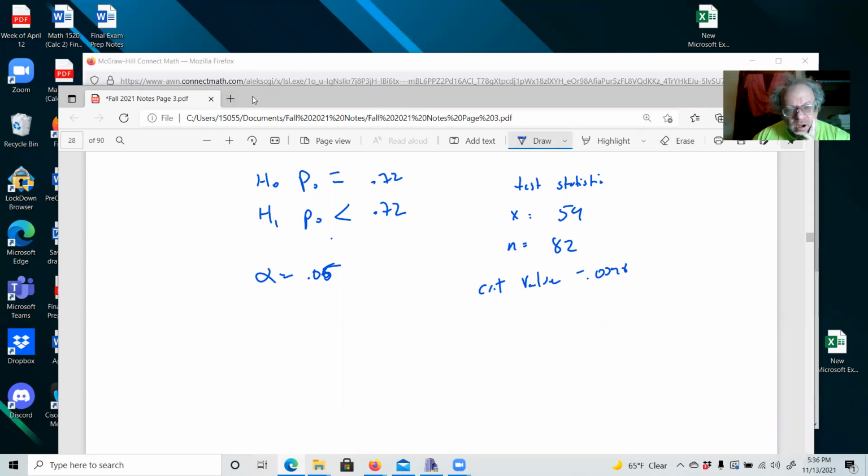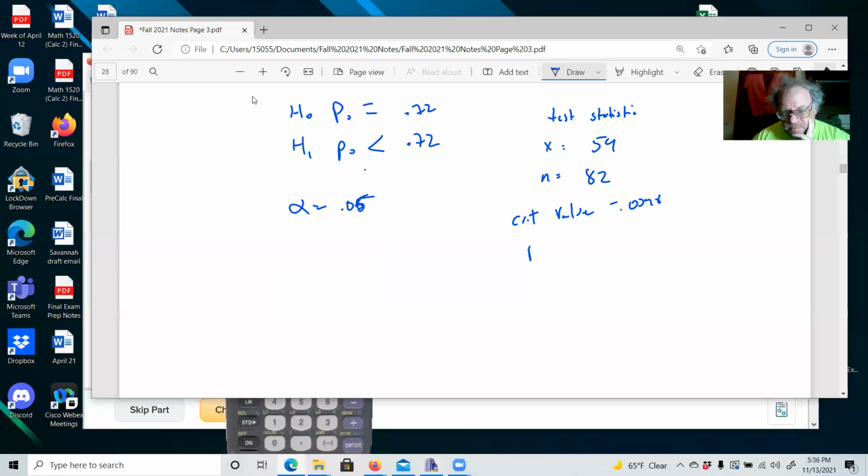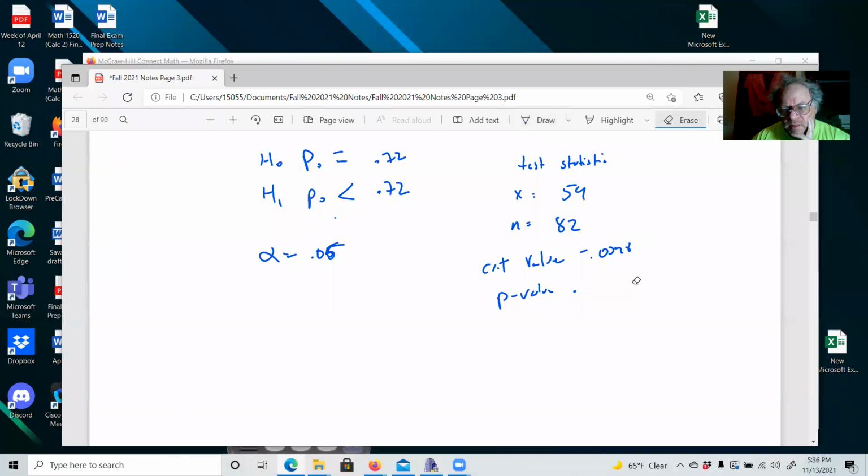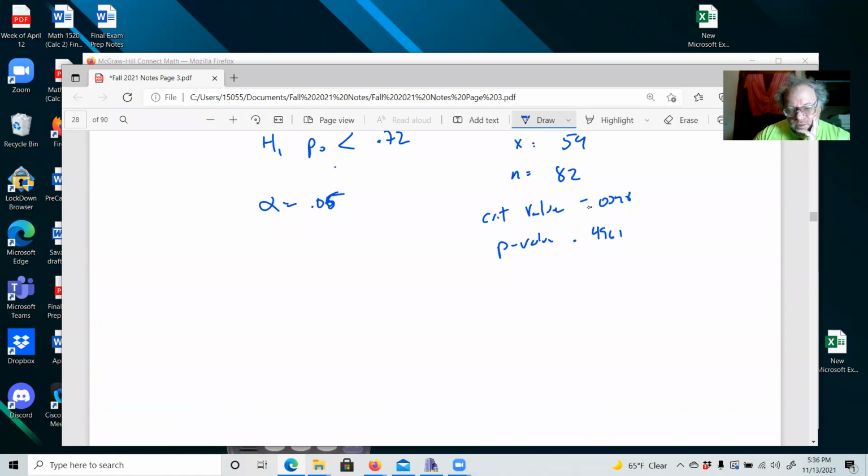Our p value is 0.7195, so nearly 70% chance. No, the p value is 0.4961. I'm sorry about that. 0.4961. So our p value is 0.4961.